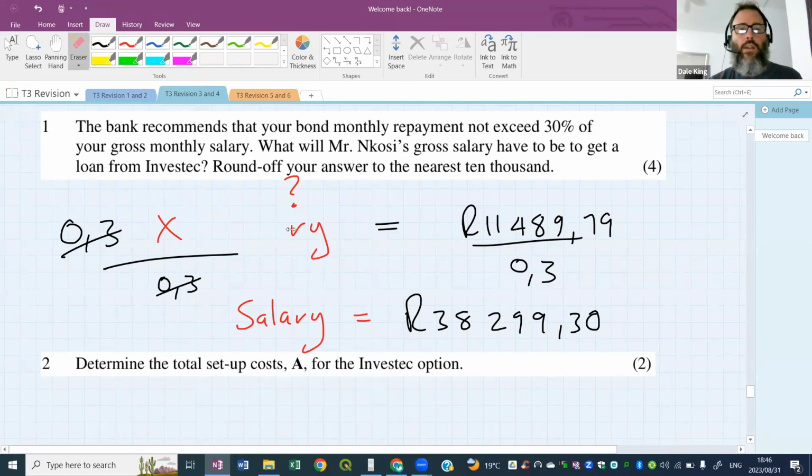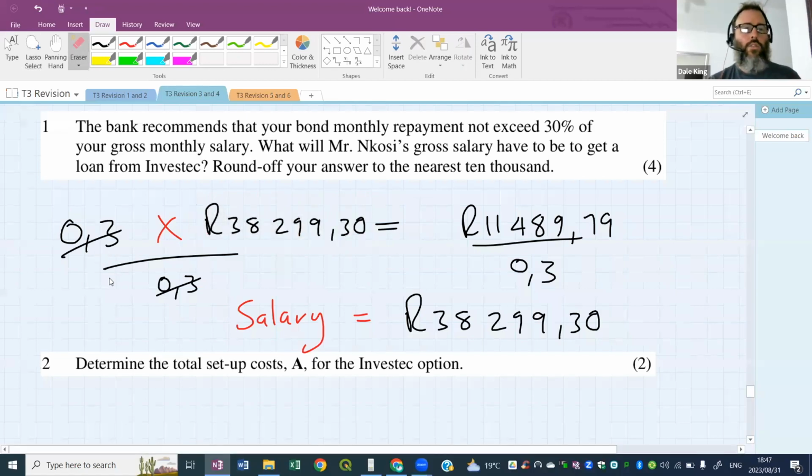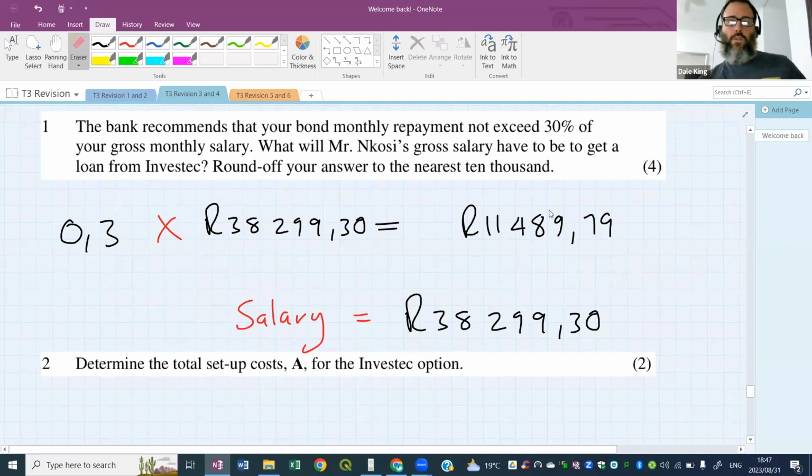So if I rub out the word salary and I copy my answer up there, make it a bit smaller. That looks about right, isn't it? 30% of 38,000 is 11,489.